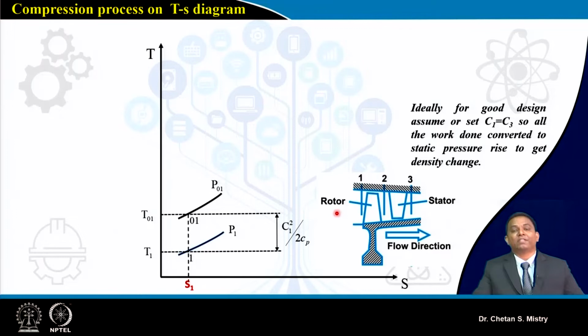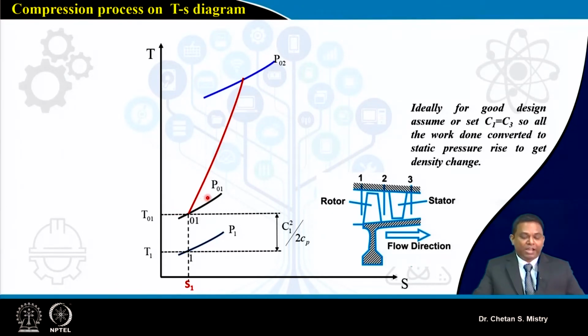So our interest is now on total properties. I will say my pressure at the entry of my compressor is P01. Now what is happening? During my compression, I will have a rise of pressure, so you can say my pressure rises from P01 to P02.